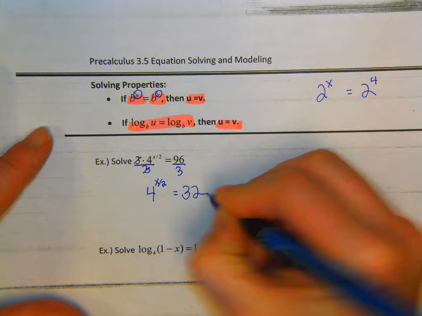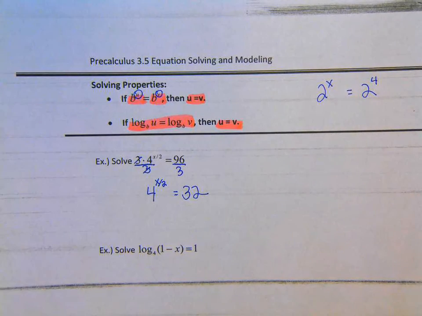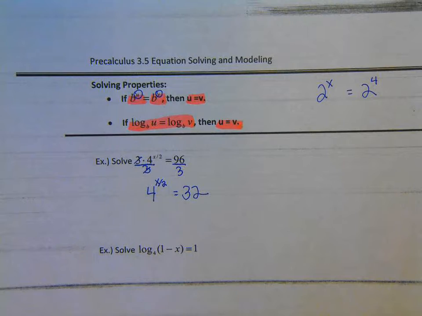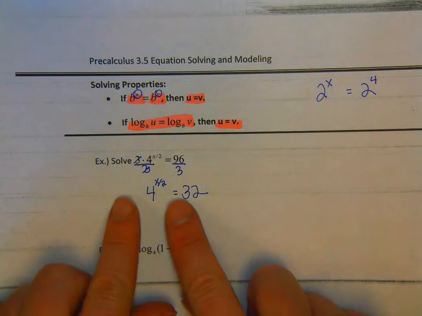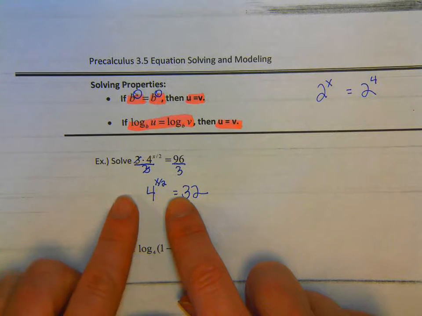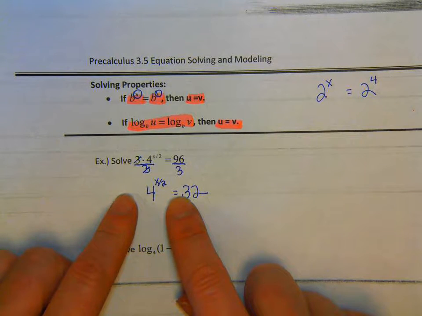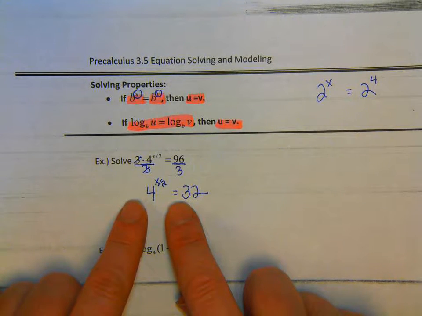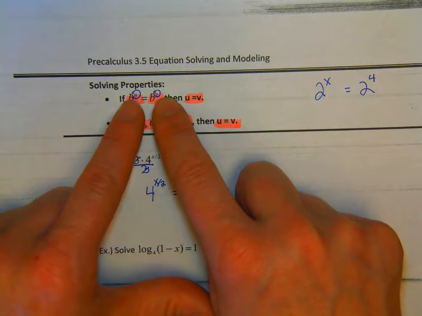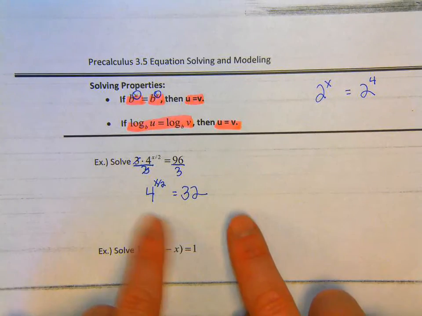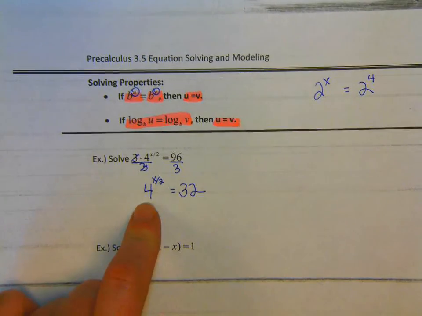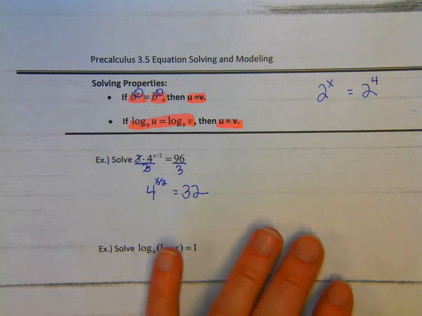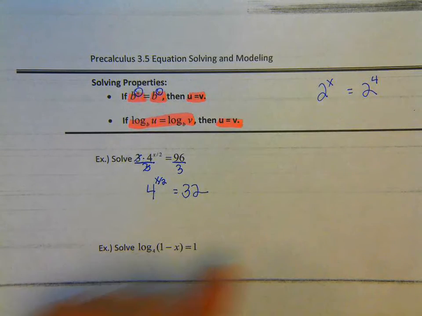Now, absolutely, if we wanted to solve using logarithms, we could take the logarithm of both sides and bring this power down. But I notice that I could use this shortcut method from over here. I can write both 4 and 32 as a base of 2. And so how would I write 4?